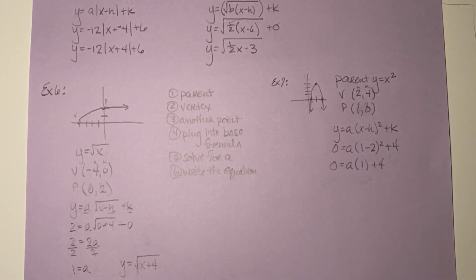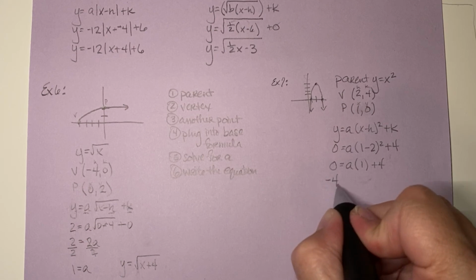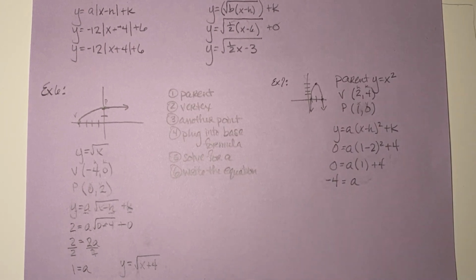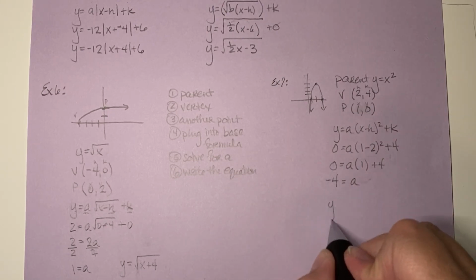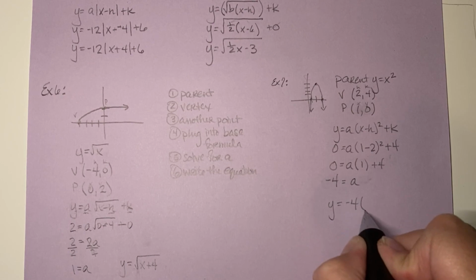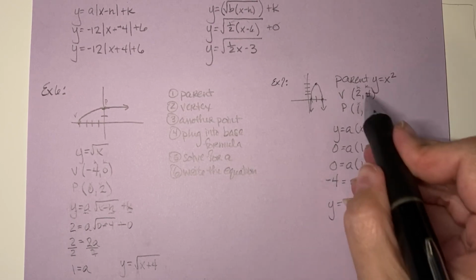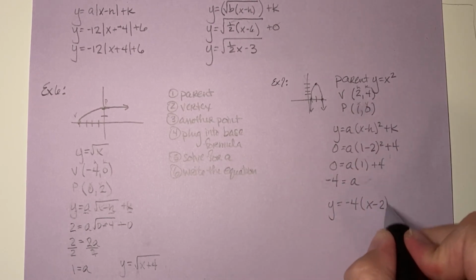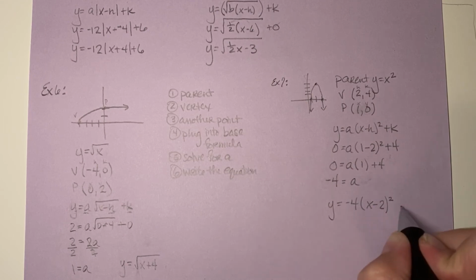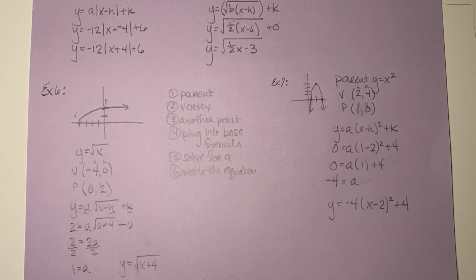Now subtract that 4 over, and solve for a, which gives -4. Now we plug it back into our base equation. So y equals -4 times (x minus h, which is 2) squared, finishing our parent function, and then plus k, plus 4. And that's it.